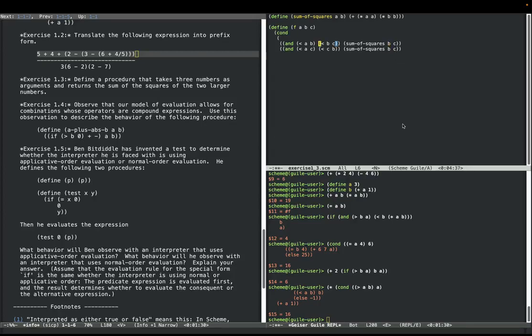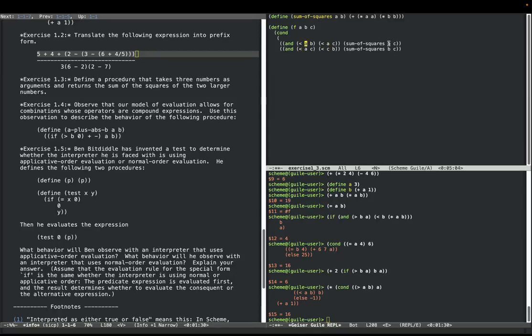So we need to define a case for each, where we always check, like, if A is the smallest, then we do sum of squares of the other 2. So if A is smaller than B and A is smaller than C, then A is the smallest, right?